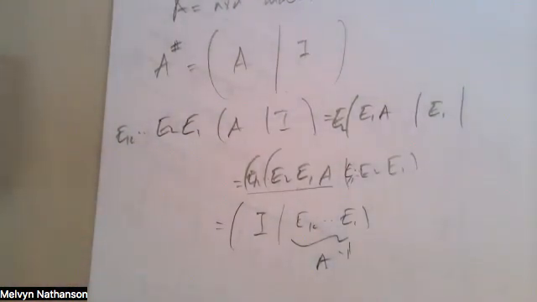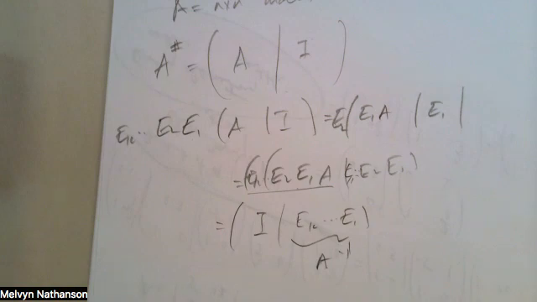So what I've just proven, I've defined an elementary matrix. I've explained why an elementary matrix is invertible, and so a product of elementary matrices is invertible. If you put a matrix A in reduced row echelon form, then multiplying on the left by a sequence of elementary matrices gives you the reduced row echelon form of the matrix.